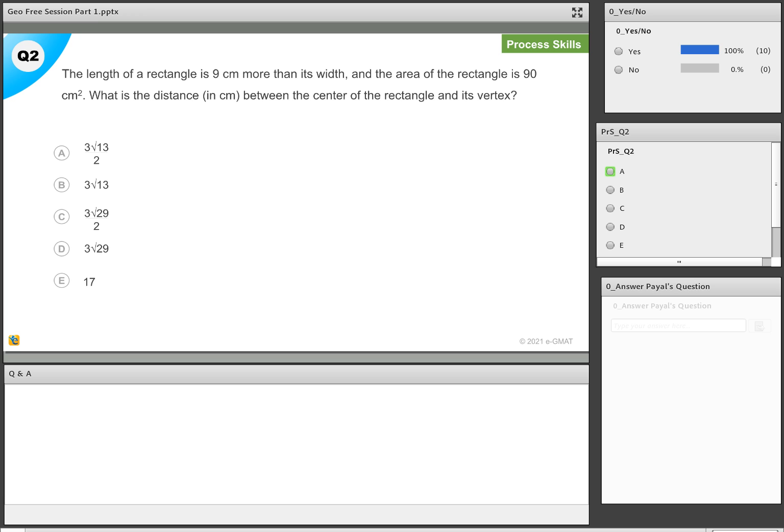Make a final selection. And don't worry, if you're stuck, we're going to get you unstuck. Don't worry about that. I'm going to end the poll now.